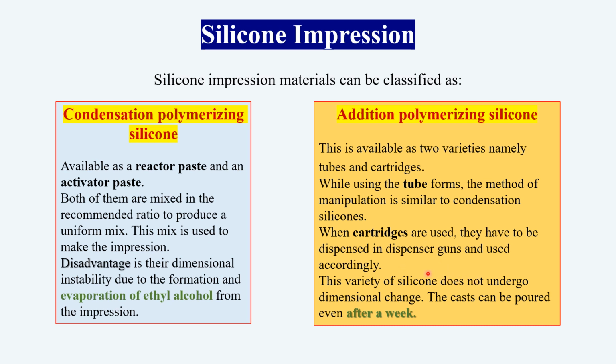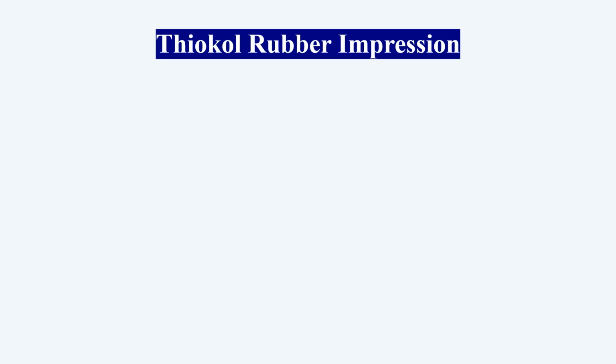You must have seen that in the dispensing gun, both come together and mix in the dispenser gun itself. Now this variety of silicone does not undergo dimensional change. You can even pour the cast after a week also, but with condensation you cannot, because there is formation of ethyl alcohol and it evaporates from the impression, so it leads to dimensional instability.